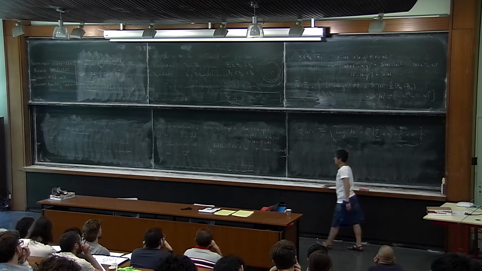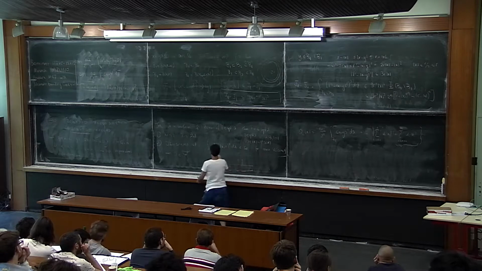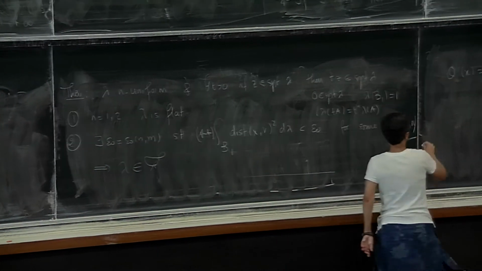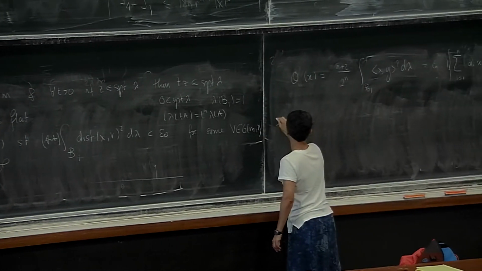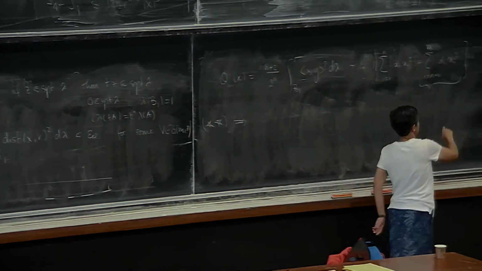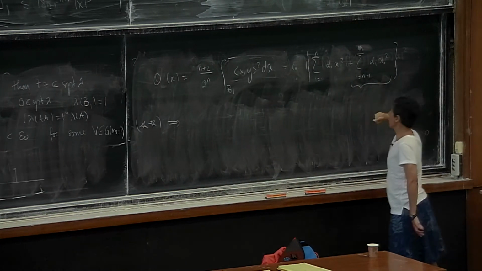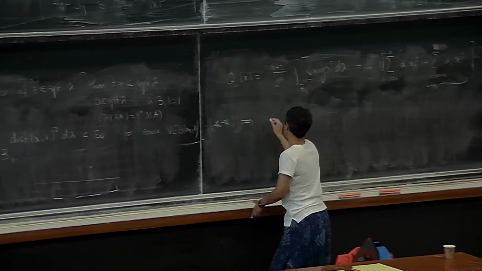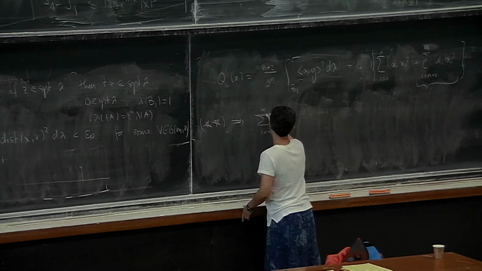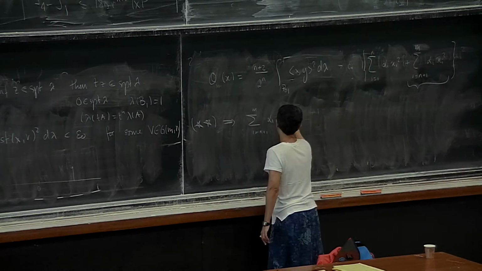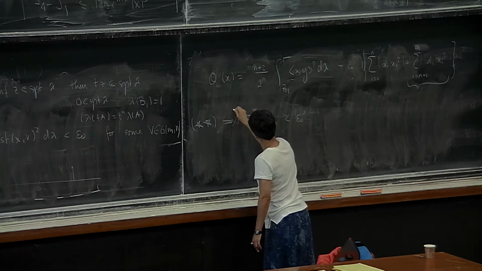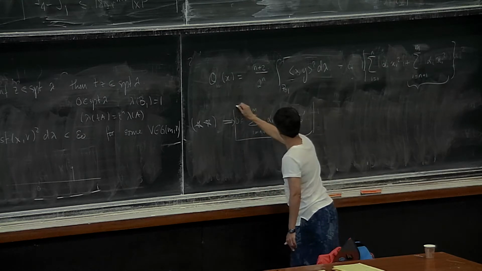So what I claim is that what I had called double star implies that, and remember this x_i squared is in the ball of radius 1, the sum from i equals n plus 1 up to m of the alpha_i's is small, epsilon 0 prime.